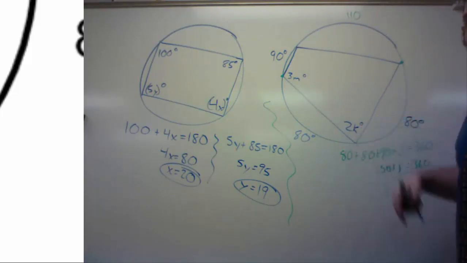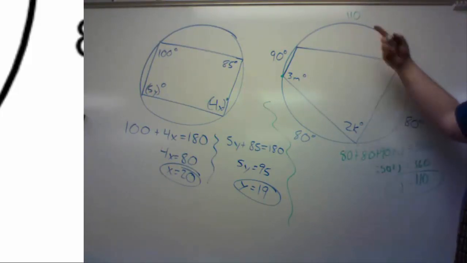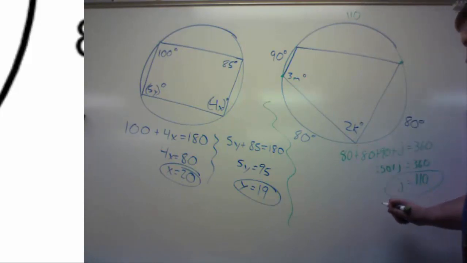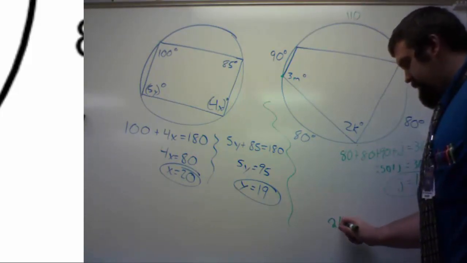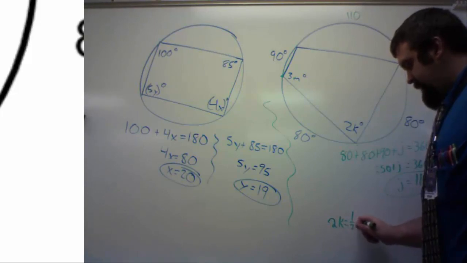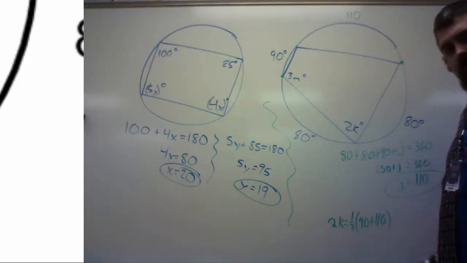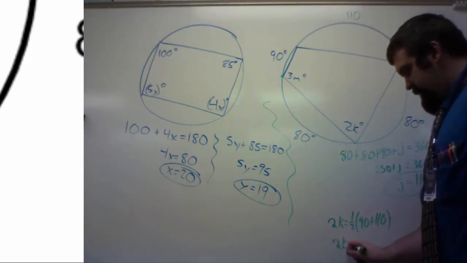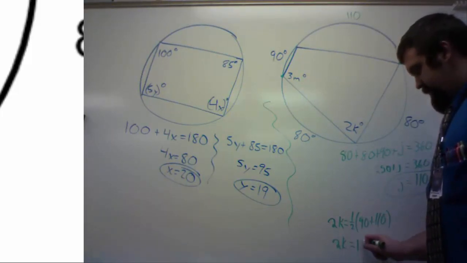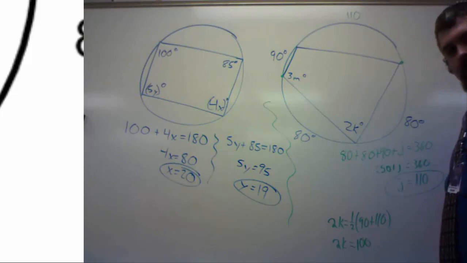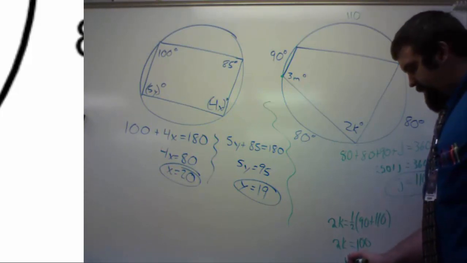But 2k isn't 200, it's half the arc. So 2k equals half of 90 plus 110. 2k equals 100. K is 50.